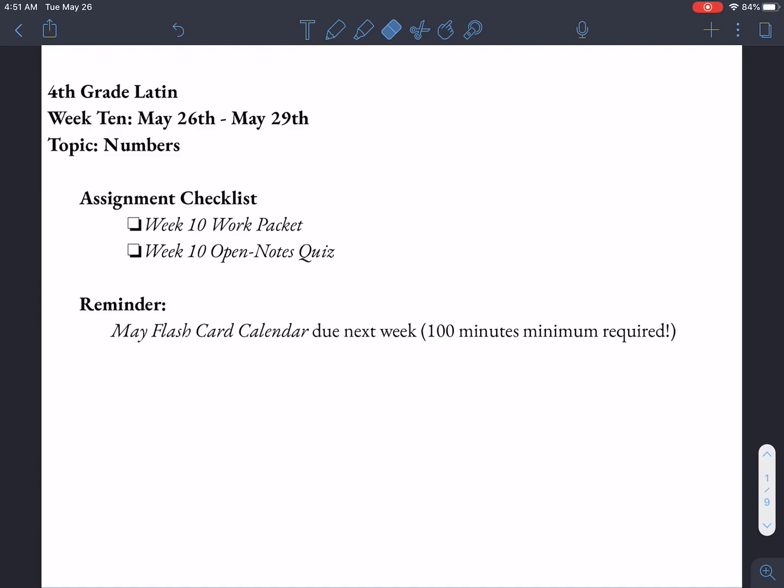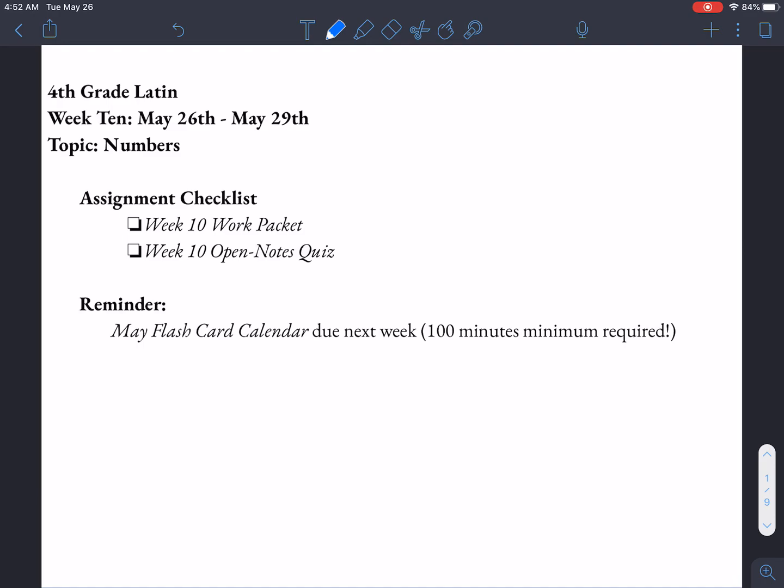As you might recall, 2 weeks ago we had our unit test, and then last week there was no new material. Last week was a catch-up week for you guys because it was only 2 days long. So this week we are going to be doing some new material. The things I need from you are this work packet filled out and submitted, and I also need the week 10 open notes quiz taken and submitted.